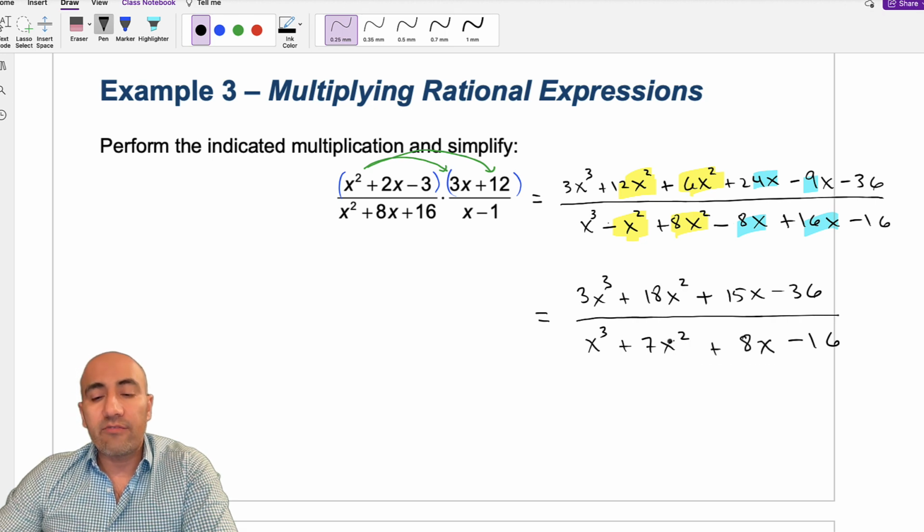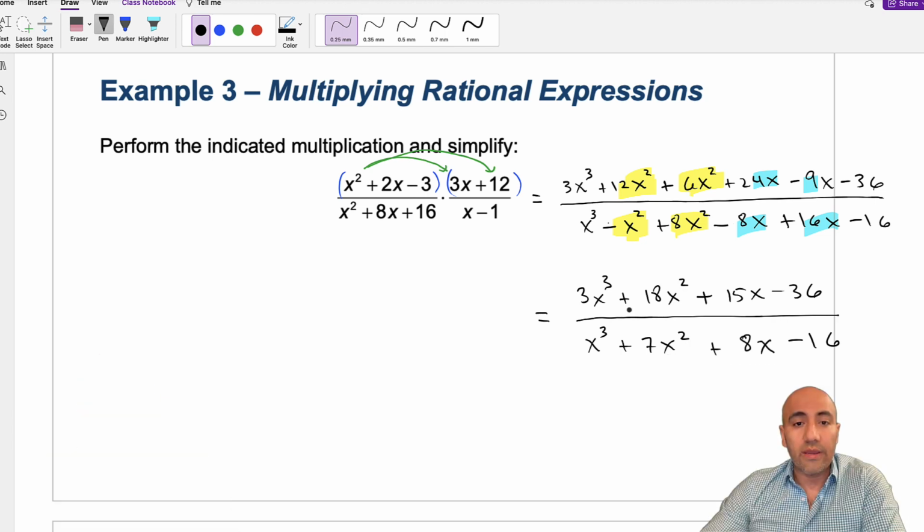So now we have to simplify this. We'd have to factor this whole thing out in the numerator, factor out the denominator, and cancel when appropriate. In general, this process is going to be more difficult than it needs to be. There's an easier way to do this. So even though this is technically correct, we don't really want to do it this way.